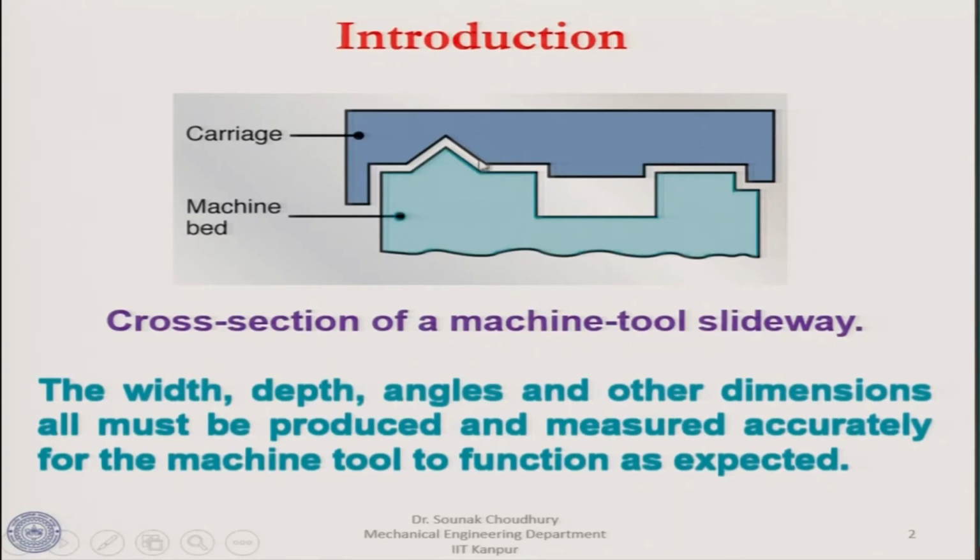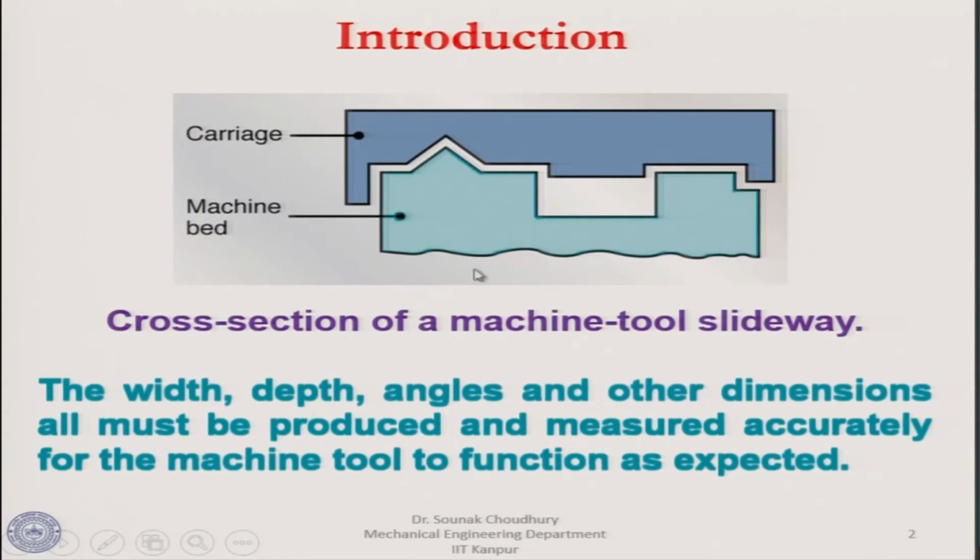freely. Now, let us say this dimension and the dimension here, if they are not adequate, in that case the carriage may actually not move and get stuck somewhere, depending on how much the deviation in the dimensions we have. Let us say if this dimension is improper with respect to this dimension, in that case also the carriage may not be able to move along the machine bed and so on.